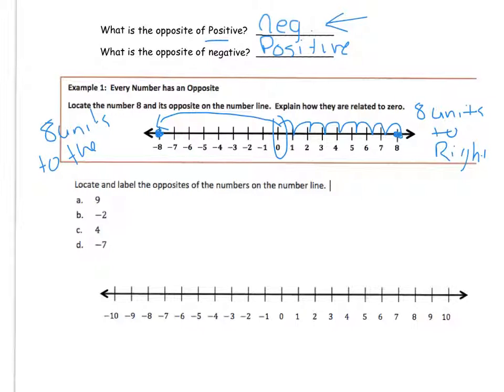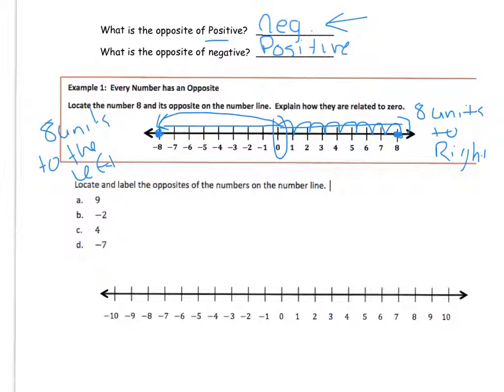So they're on opposite sides of 0. One is to the right, which is opposite of left. So opposite numbers are the same number but on opposite sides of 0.